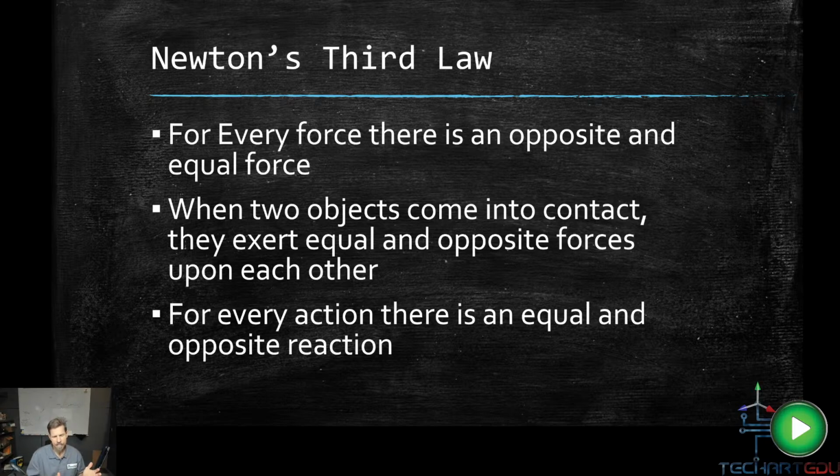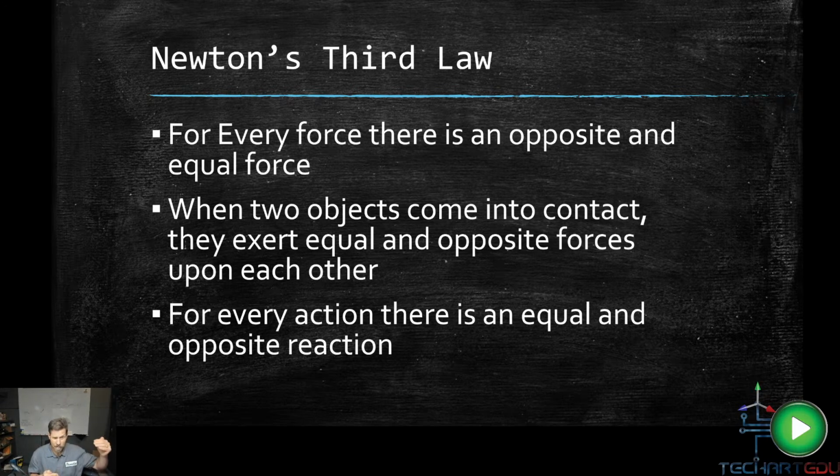In other words, when we have one object, it comes in contact with another object, then the forces that those two objects interact with each other, well, they cancel each other out. In other words, for every action, there is an equal and opposite reaction.